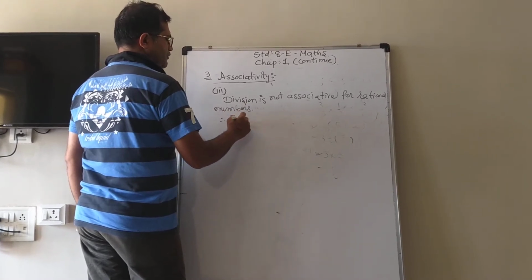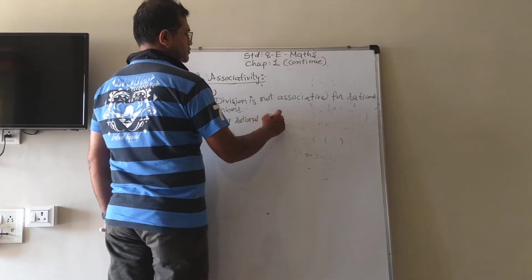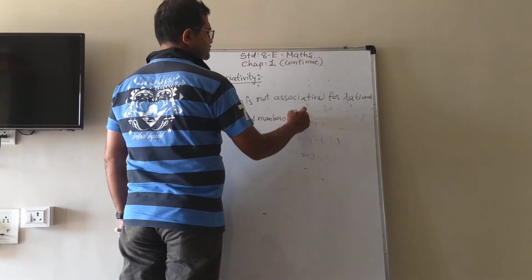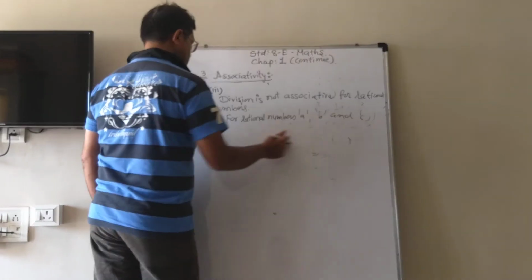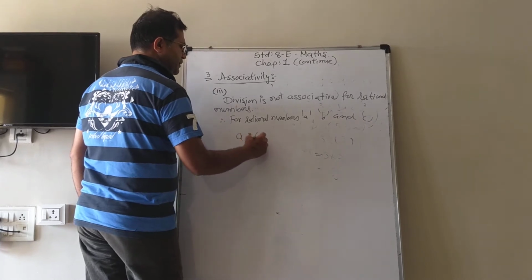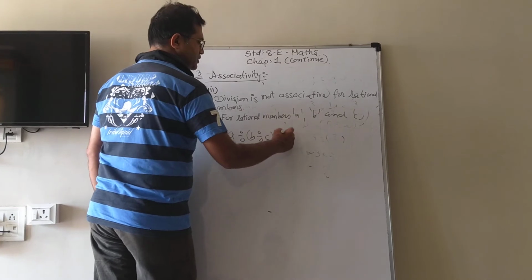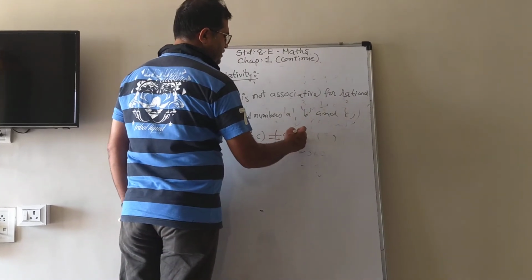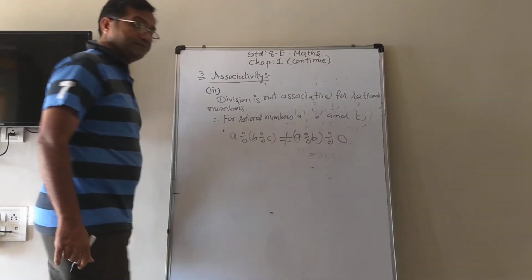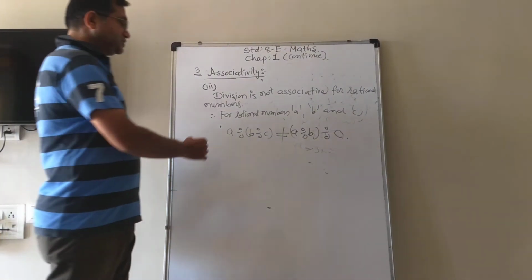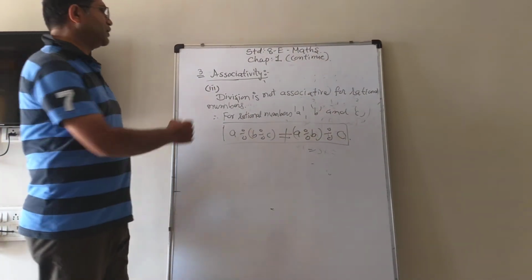Therefore, for rational numbers A, B and C, A divided by B divided by C is not equal to A divided by B divided by C. So this is the last operation, division.